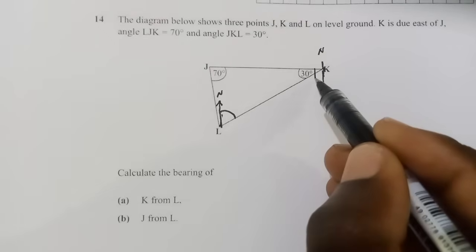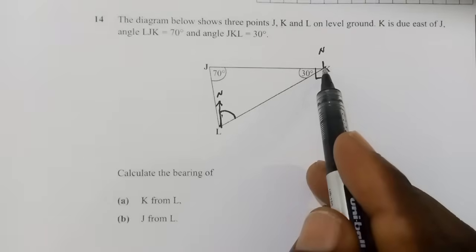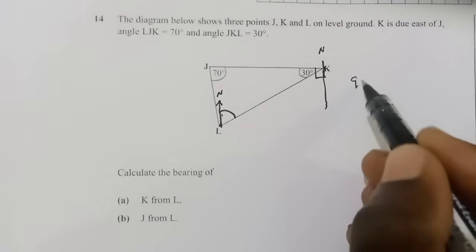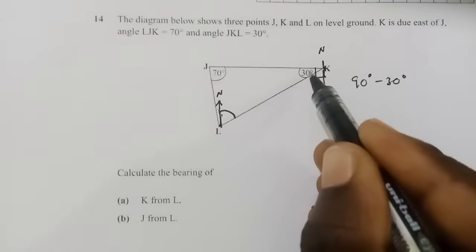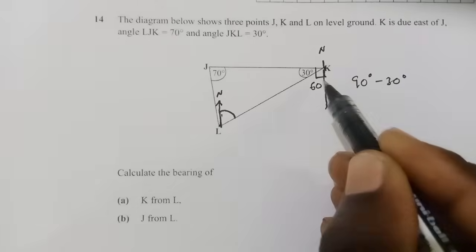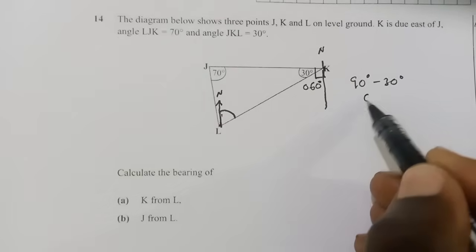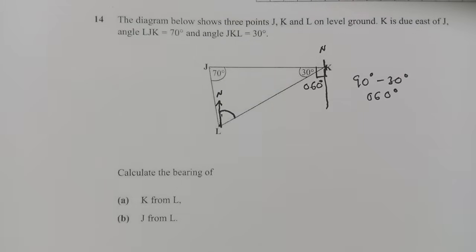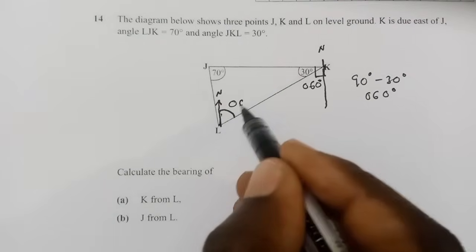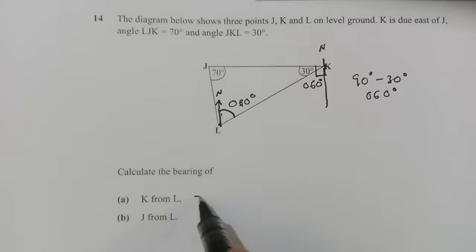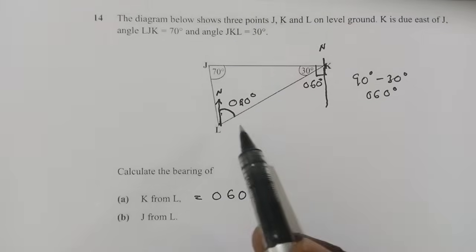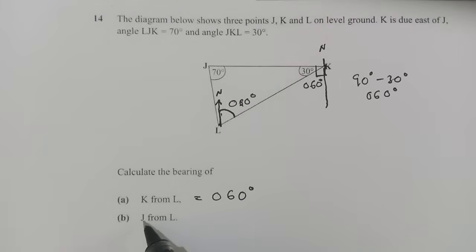We know that this is 90 because they said this K is due east of J. So we say 90 degrees minus 30 degrees, we have a 30 here, which will just give us 60 degrees. You know, these are bearings. So we know that this is 60 degrees.